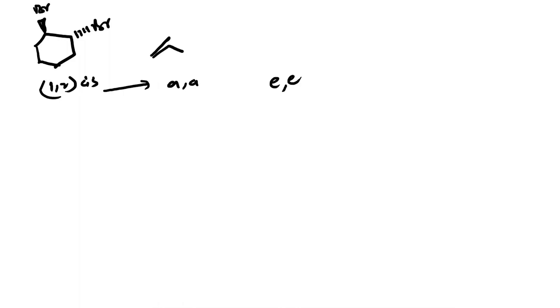Now just draw them. Here the two bromines must be axial-axial in one conformation, and in another conformation they must be equatorial. So which one is the most stable?